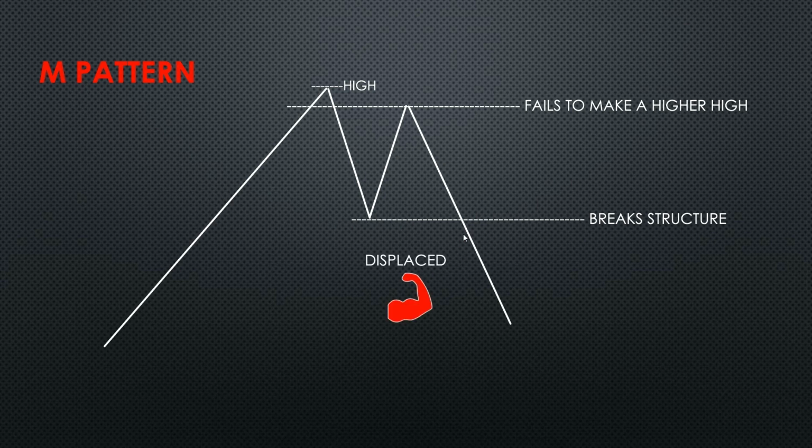Take note, it displaces below this structure. It doesn't only break it, but breaks it with conviction, signaling that sellers want to push the market down, giving us a lower low. When the retracement comes, I enter and ride the momentum down.